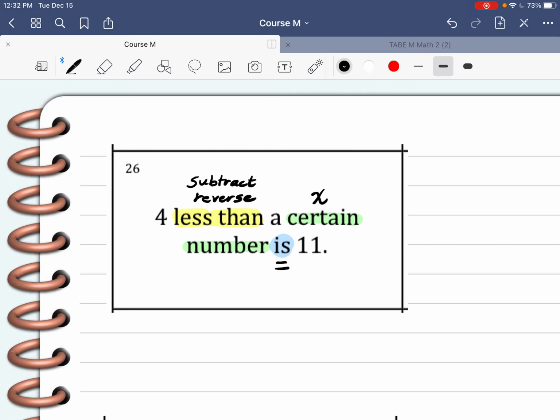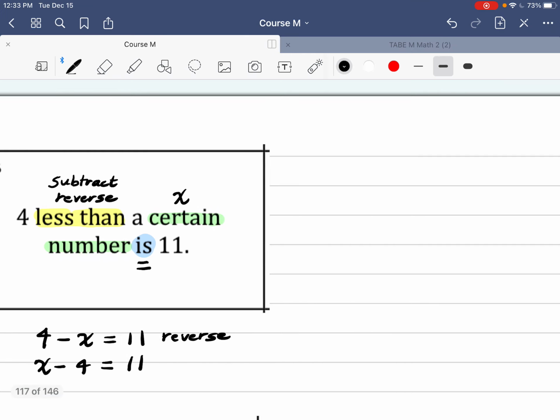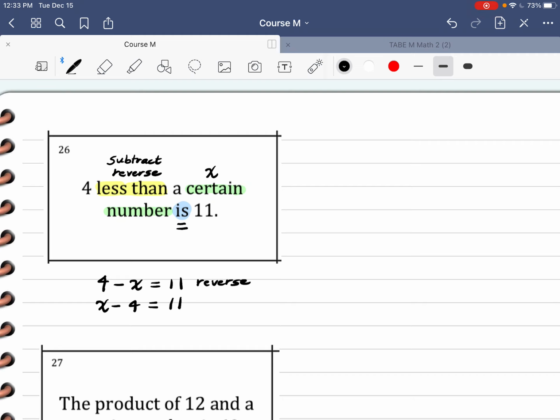So if you look at the order this problem is in, it says 4 minus x is 11. But we have to reverse. So we're going to say x minus 4 is 11. This is the one we need, the bottom one. 4 less than a number is 11.